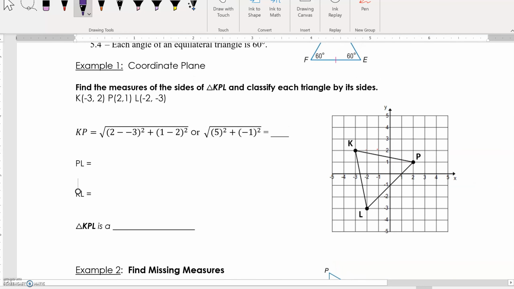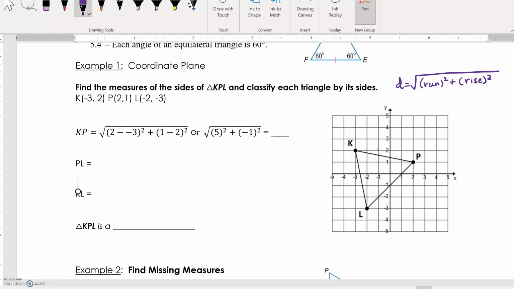So then if we're given a triangle in the coordinate plane, we need to use the distance formula to figure out the length of the sides to see if it's isosceles or if it's equilateral. Remember that if you've got those points graphed, you can use the fact that the distance formula simplifies to the square root of run squared plus rise squared.